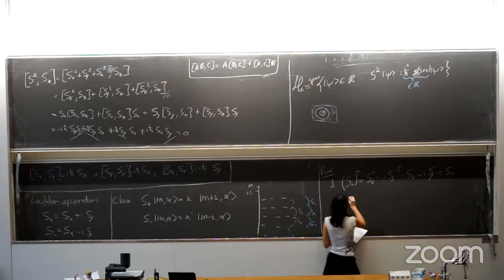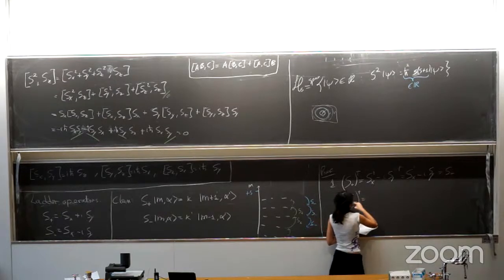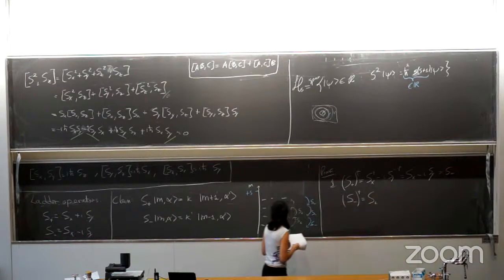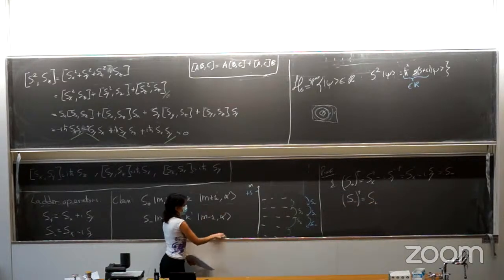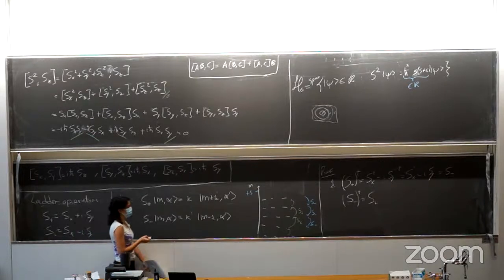And equivalently, S minus conjugate transpose is S plus. Meaning, look, these operators are not necessarily Hermitian, not necessarily unitary. So this constant here might not be 1.